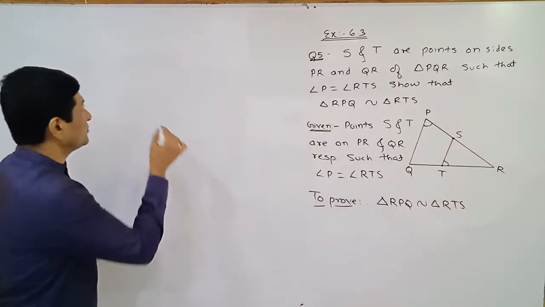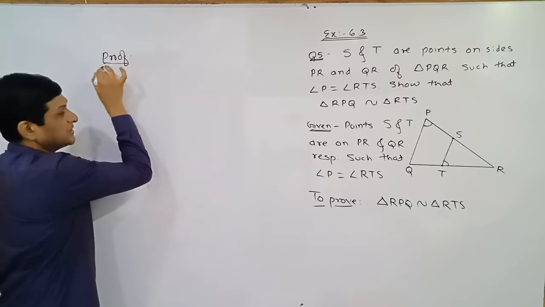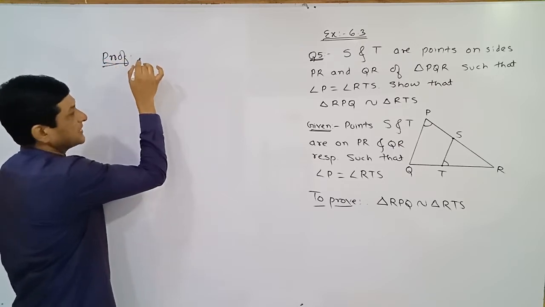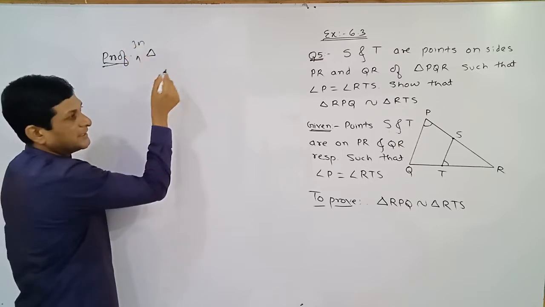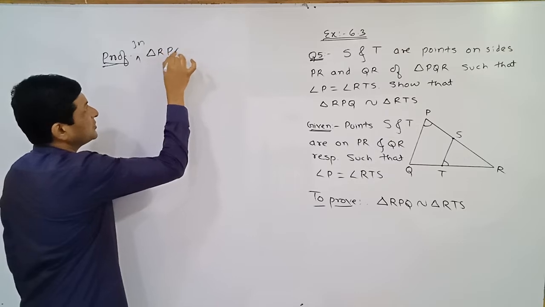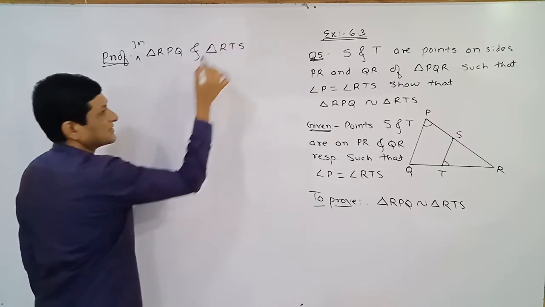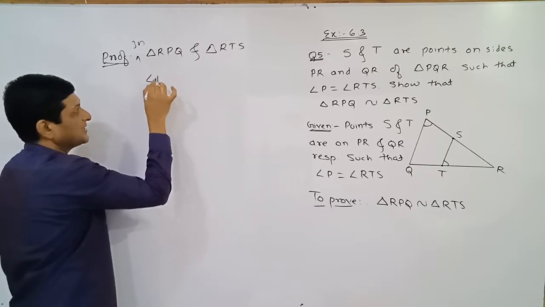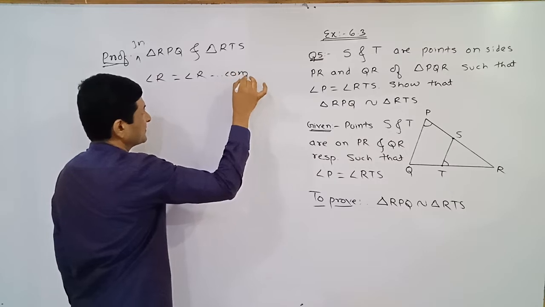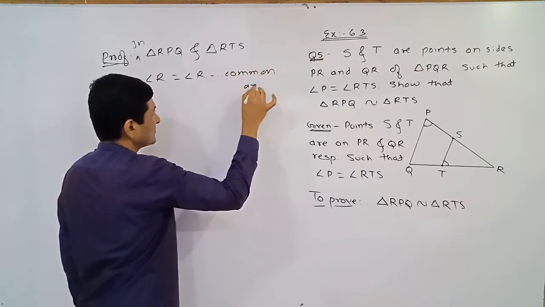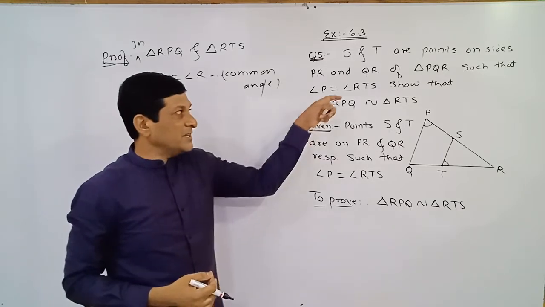So let us try to prove it. Here we are considering the two triangles, triangle RPQ and triangle RTS. Here we can observe that angle R is equal to angle R. It is the common angle. And what is the second given condition?